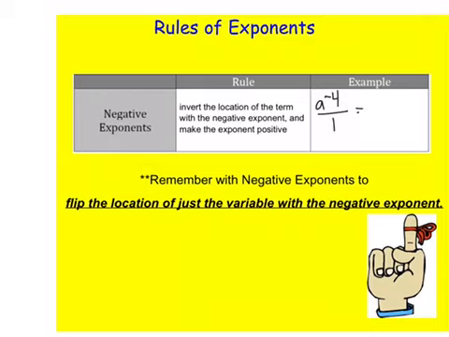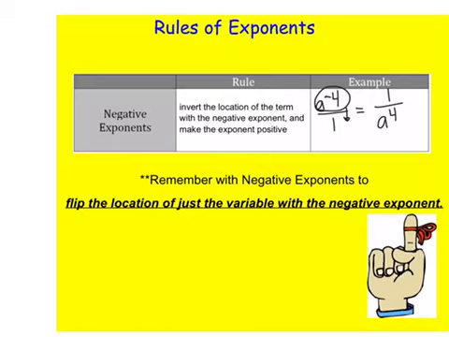So if I want this, a to the negative 4, to become positive, we bring it down to the bottom. So we would say it would be a to the positive 4 on the bottom then, and I would be done. So remember with negative exponents, you flip the location of just the variable with the negative exponent.